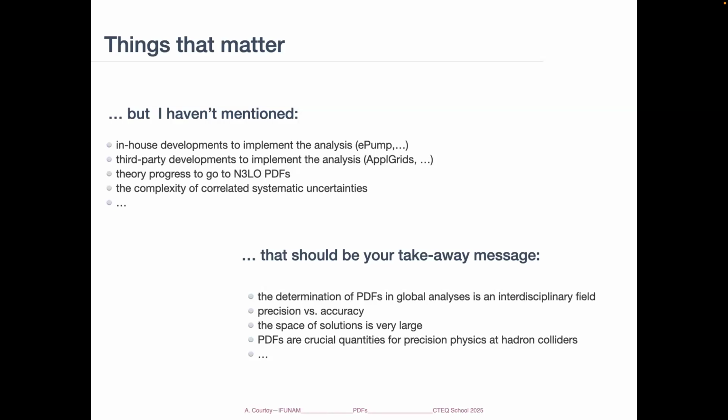I think the takeaway message should be that determination of PDFs in global analysis is an interdisciplinary field, so you have statistics, experiment, and theory, all those things together. Precision against accuracy: the space of solutions is large. And PDFs are crucial quantities for precision physics at hadron colliders. And I think that's it. Thank you.